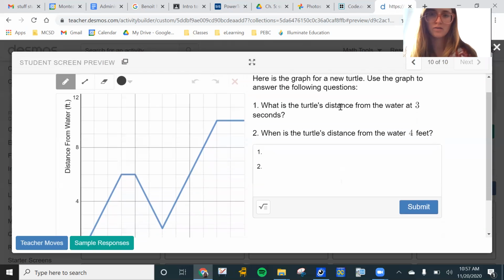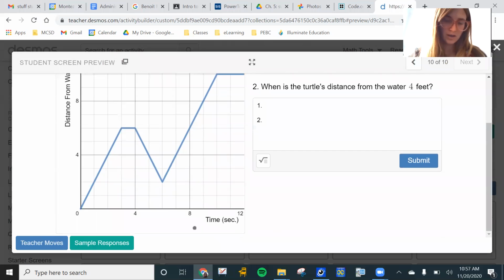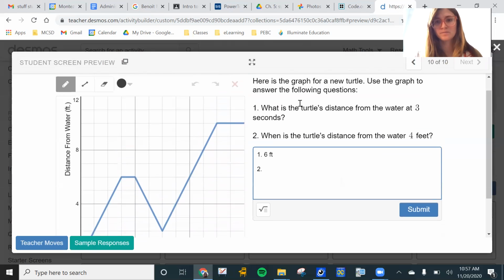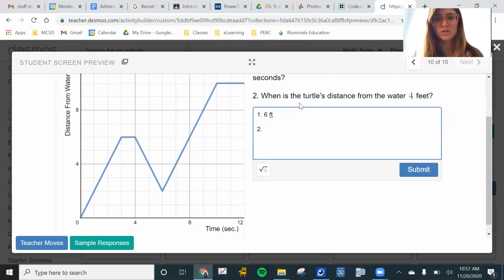Okay, let's look at the turtle's distance from the water at 3 seconds. Again, time is on the x-axis. Time is 1, 2, 3 seconds. The turtle's distance is right there, which is halfway between 4 and 8, which is 6 feet. When is the turtle's distance from the water 4 feet?